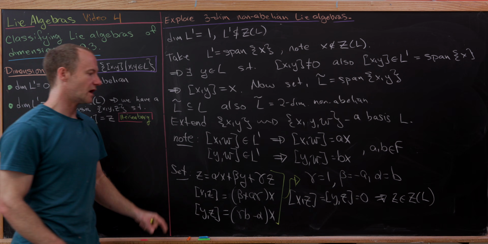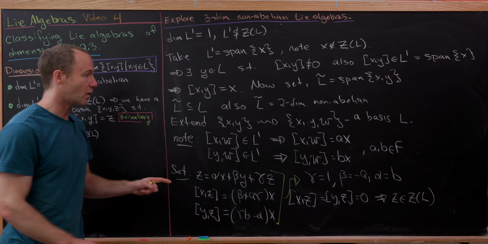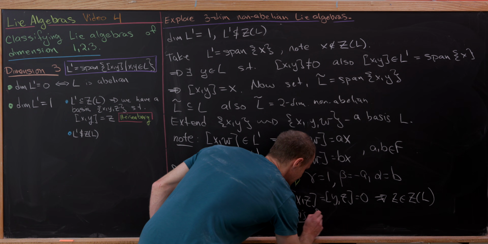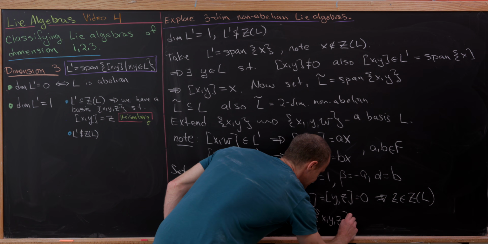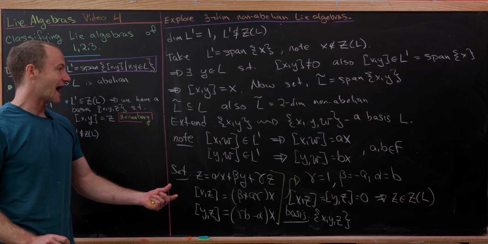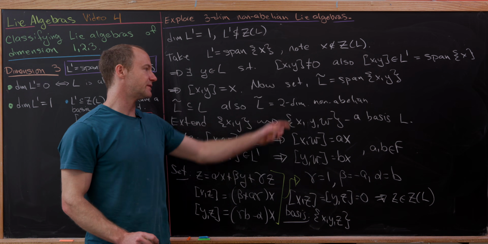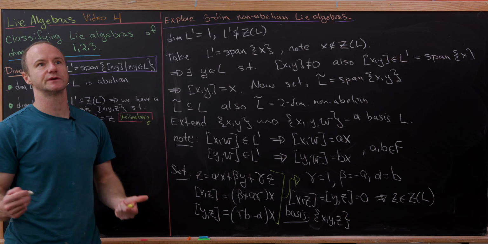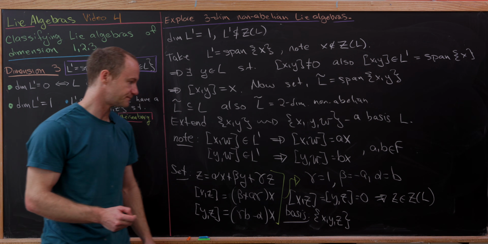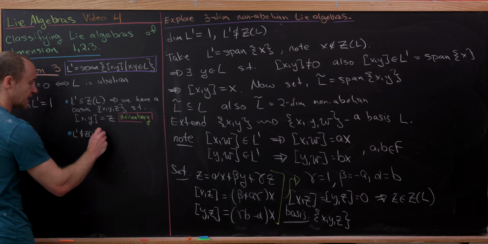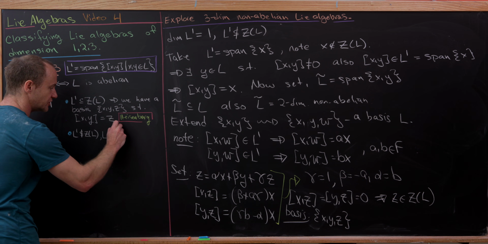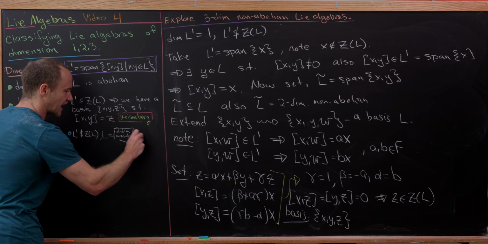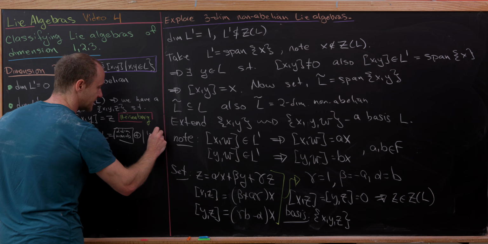So what does that mean? Well, we've got a basis x, y, z of L, where x and y build this two-dimensional non-abelian Lie algebra, and z is in the center, so it's a one-dimensional abelian Lie algebra. So in other words, we have L is equal to the two-dimensional non-abelian direct sum the one-dimensional abelian.